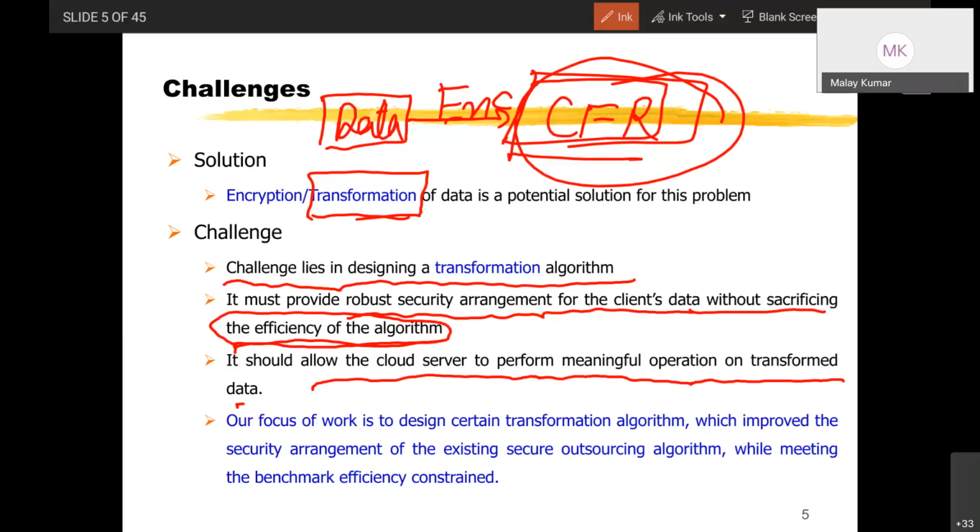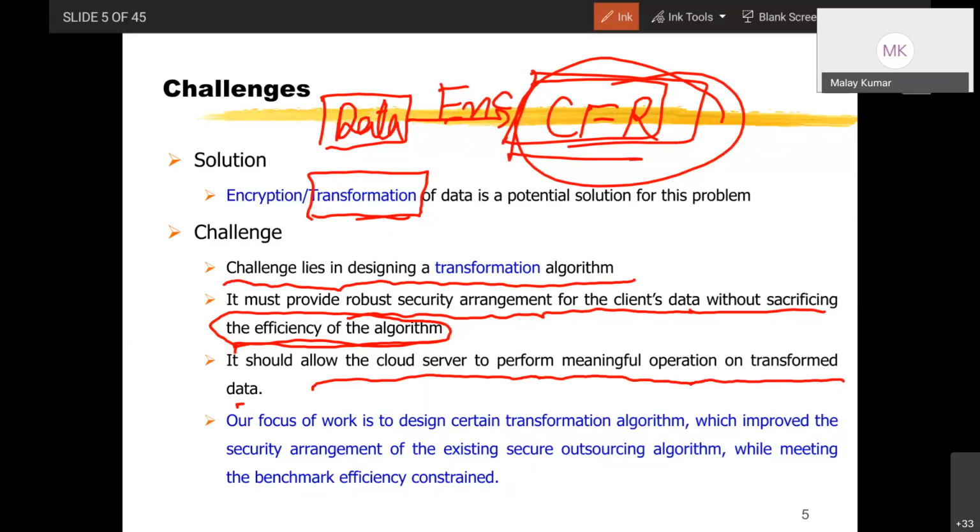And when it becomes a very complex system or very complex algorithm, which takes complexity in the order of polynomials or in the order of exponential, the entire objective of outsourcing fails.